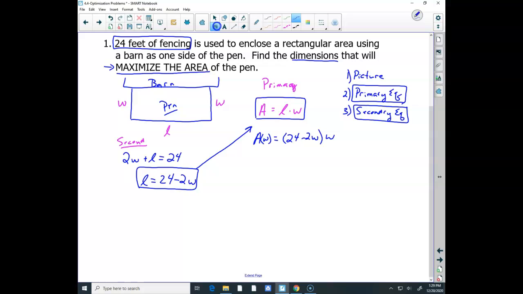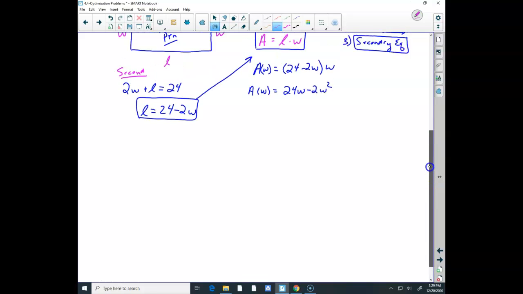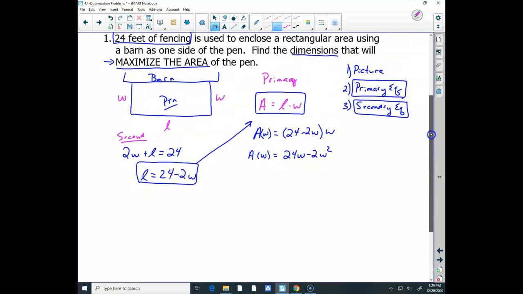Well, that is what we want to maximize. So my area in terms of width is actually going to equal 24W minus 2W squared, right? And as I'm coming through, if we want to maximize or minimize something, we're deep enough into our calculus that we know we need to find the derivative and critical points, because we want to see, am I maximizing or minimizing?